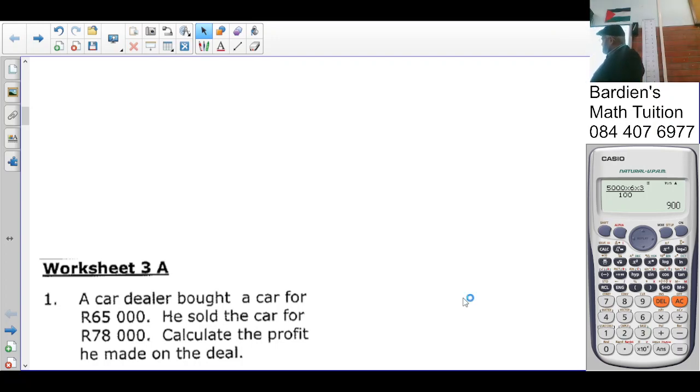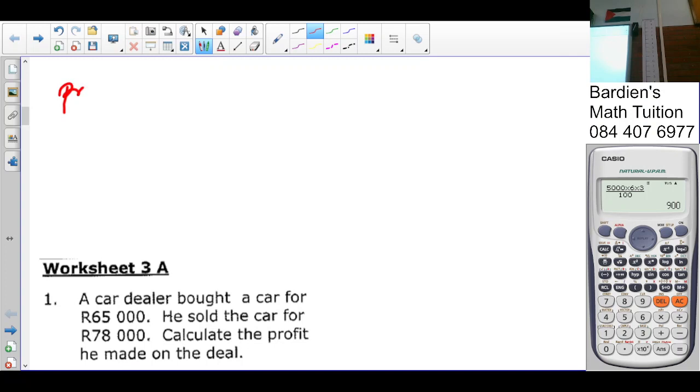So he bought the car for 65,000 and he sold it. So does he sell it for more or less? He sells it for more. So he's making a profit. So to calculate the profit that was made, the profit is simply going to be your selling price minus your cost price. Not so. You're doing that in EMS.